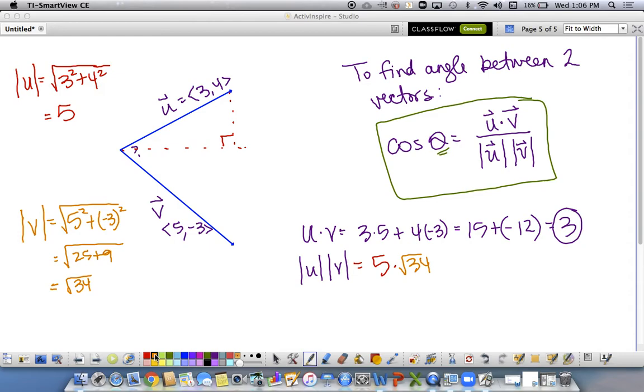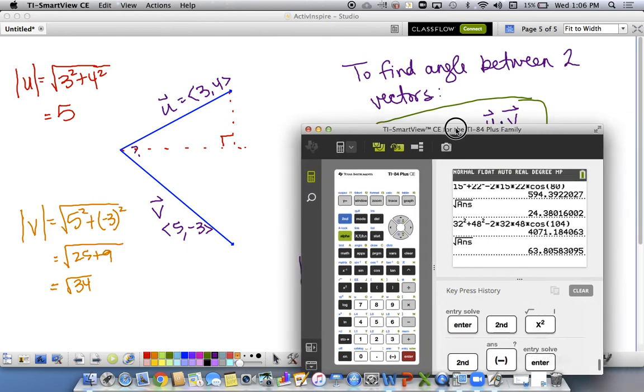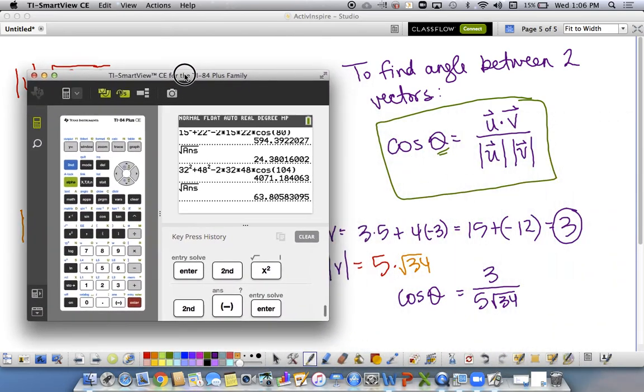Okay? So then we're going to plug all this in our calculator. We'll go back to the formula. U dot v, so I have cosine theta equals 3 divided by 5 square root of 34. Here we go, I'm scrolling this way.